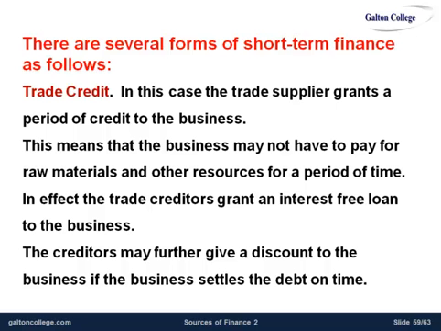This gives you a chance to make the item and try and sell it, get the revenue from the sales and pay for the raw materials. It's also the case that, of course, creditors may give discounts and that sort of thing on their sales to the business.